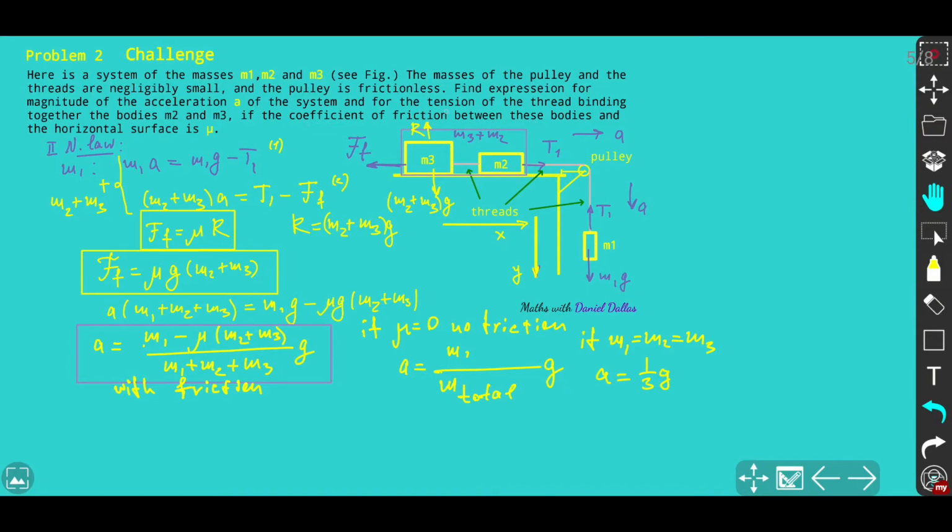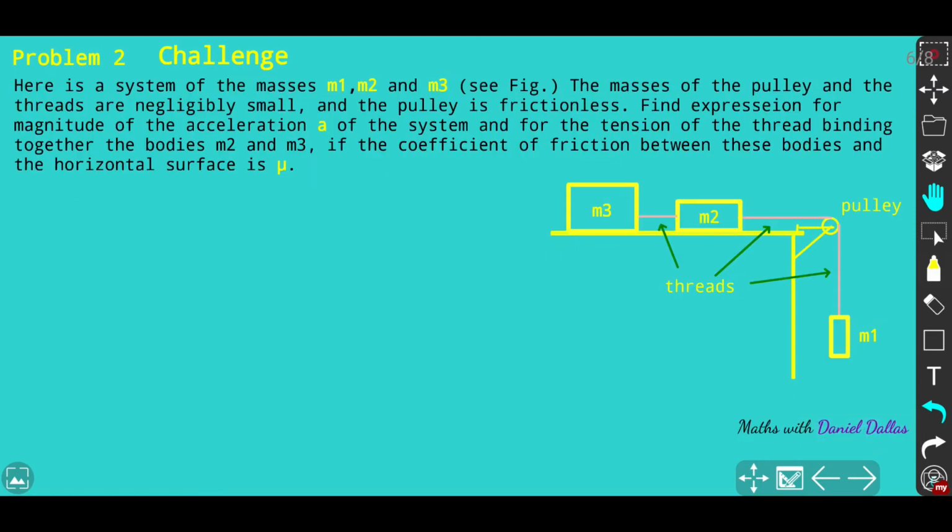So right now, of course, we need to apply the tension force to each object. To answer the second part of the question, I'll just move here. Now we ask about the tension in this thread, connecting M3 and M2.